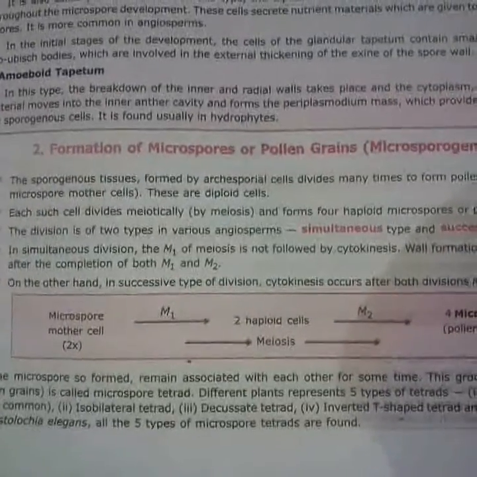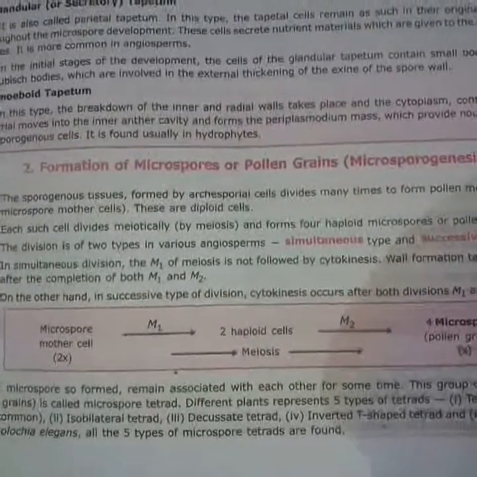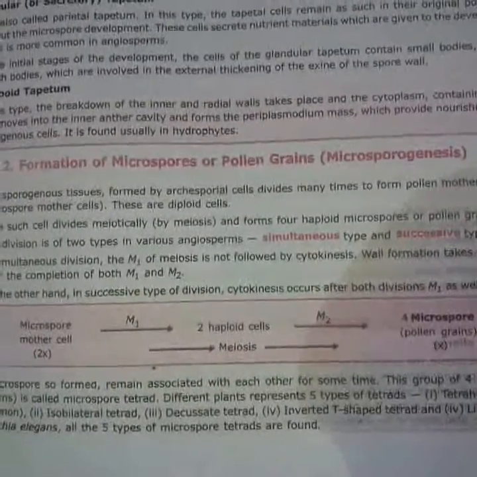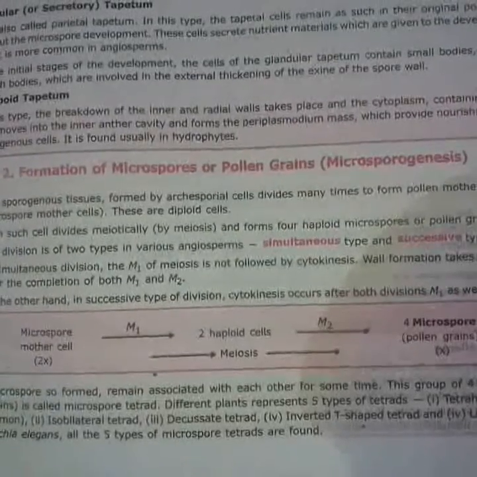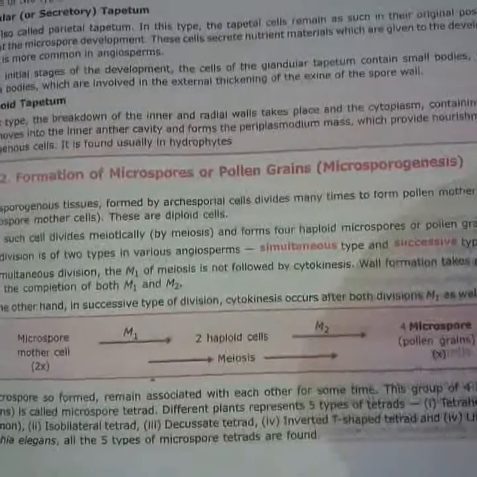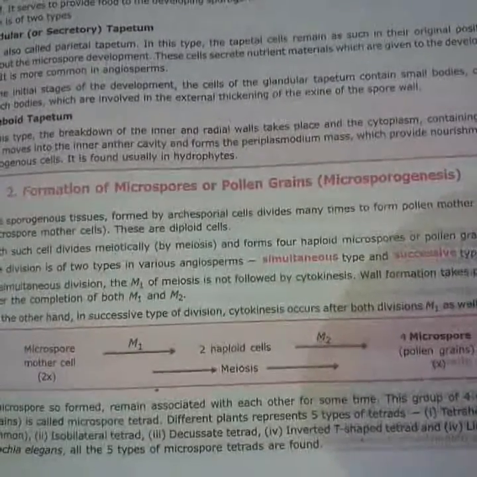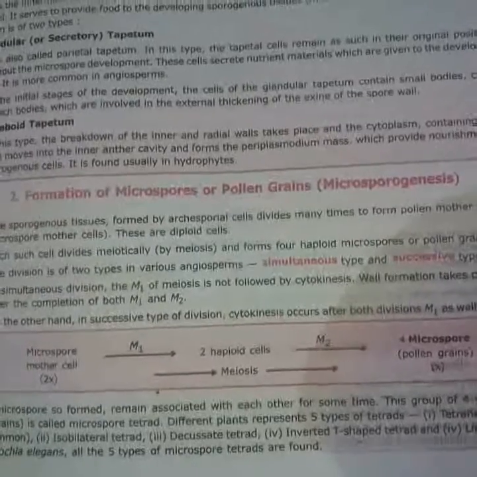The next point is the formation of microspores or pollen grains. When the microsporangium has developed and reached maturity, the formation of microspores or pollen grains starts.